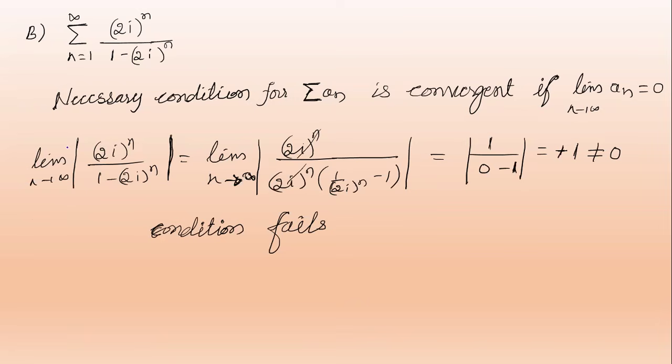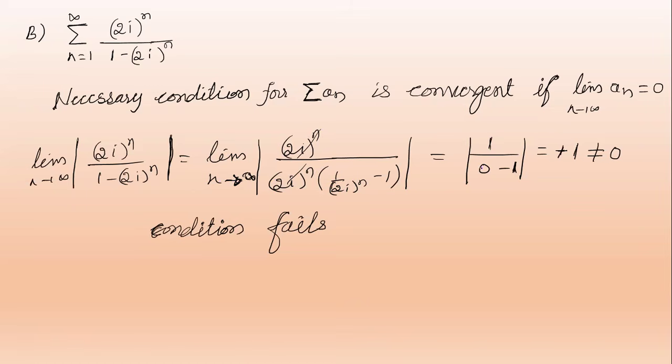Here, if we take the limit for this sequence, limit n tends to infinity of (2i raised to n) divided by (1 minus 2i raised to n). If we take 2i raised to n common, numerator and denominator get cancelled, remaining ones. If you apply n tends to infinity, this term becomes 0.